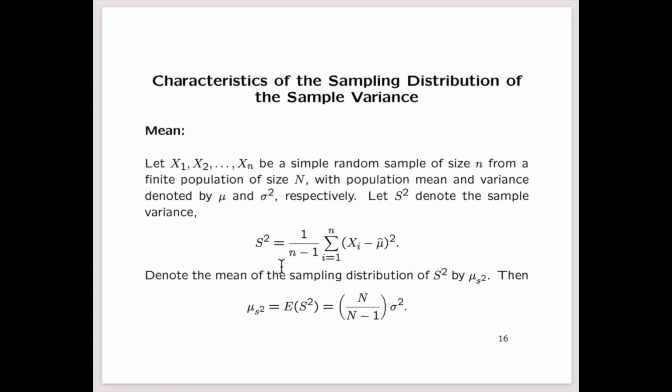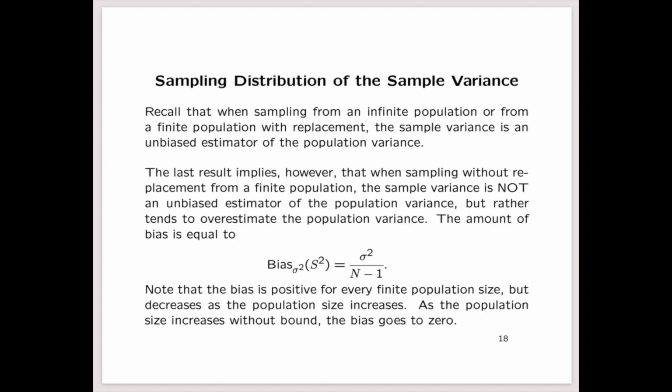You'll recall that the reason we divide by n minus 1 in the sample variance formula under IID random sampling is to obtain an estimator that is unbiased for the population variance. All right? So that's the whole reason that we divided by n minus 1 in the first place.